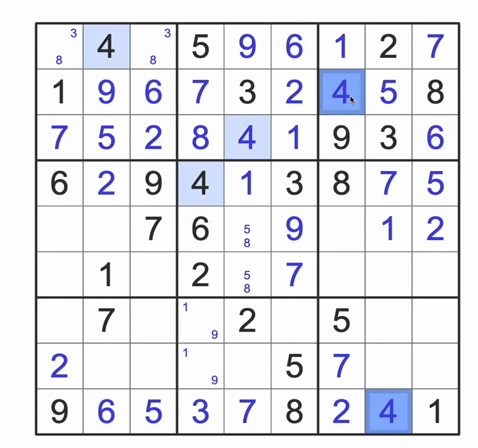This 4 and this 4 block these. Gives me 4 here. 9 blocks here. Gives me 9 here. These are 3 and 6. And 6 is here, so this is 3 and this is 6.